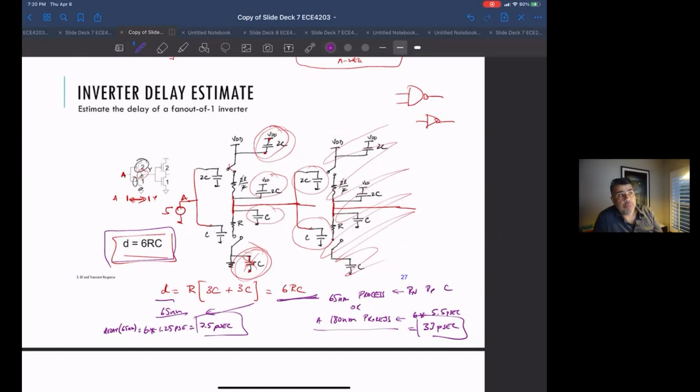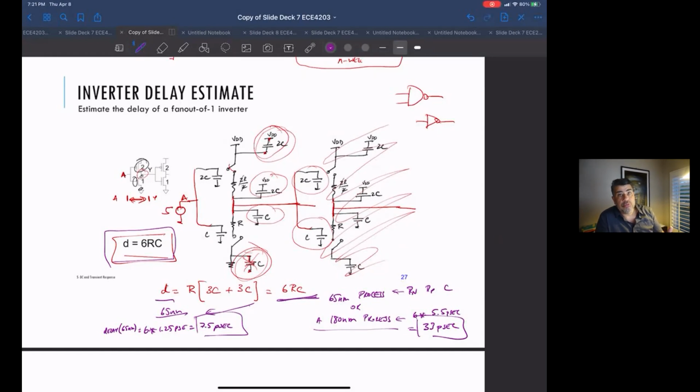So for example, the cost of a 90 nanometer process, going a little bit from memory here, I think the mask set is around $350,000. And this is just for the mask set; then you have to design the chips and so on. The 65 nanometer process is more like maybe $600,000 to $700,000.